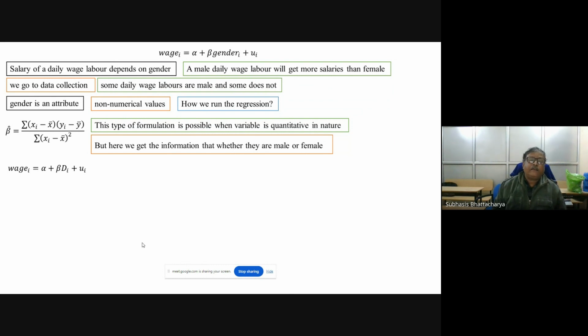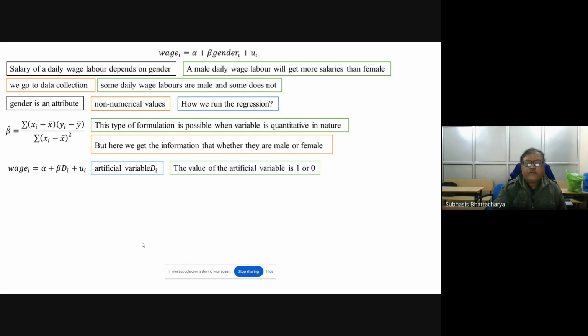Now the question comes, what is Di? We know Di is gender, so we frame Di as an artificial variable, which takes the value 1 or 0.